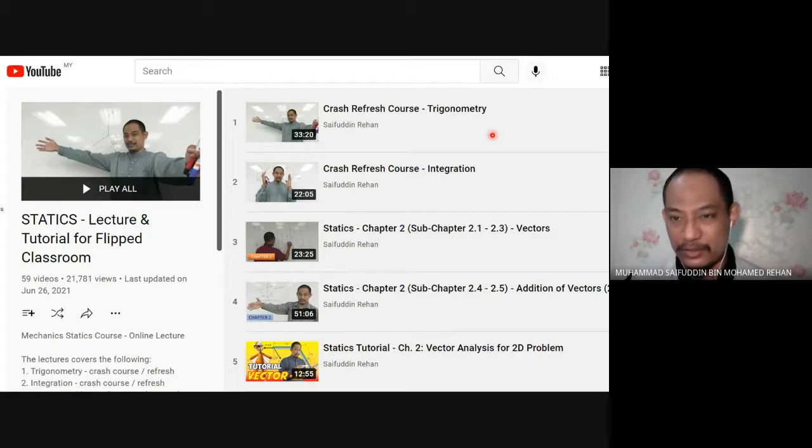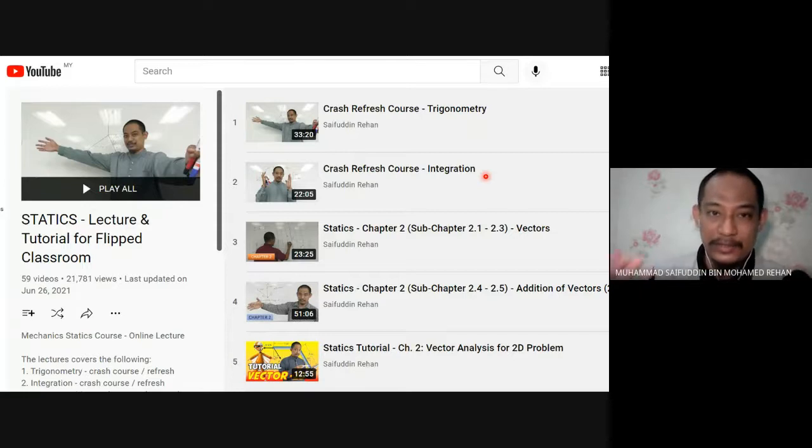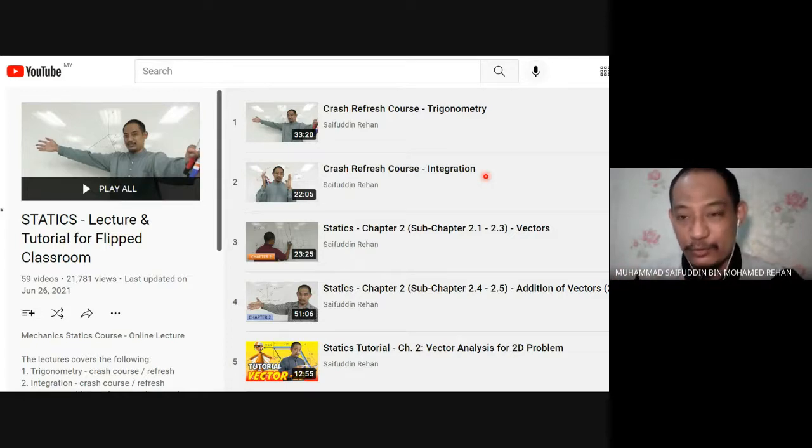Because in this course we are learning about mechanics, statics, and we definitely have to use some mathematical application. But it is assumed that you already mastered those things before. So if you are weak on this, or if you have even forgotten how to use this, then you will struggle really badly.